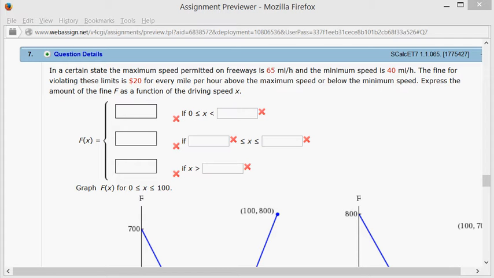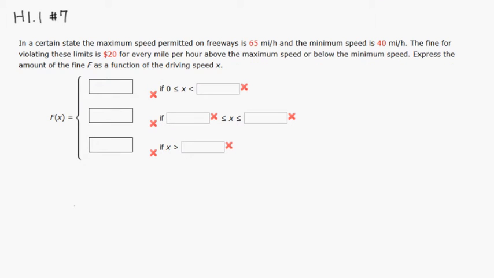Alright, so let's do that. If it's between 0 and the minimum speed, which is 40, that means you're going too slowly. Let's see how slowly.